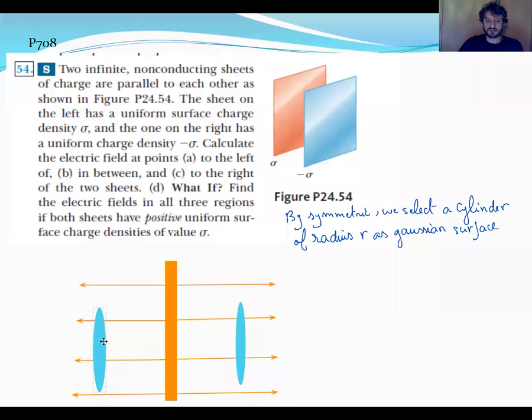We have the same section to the left and to the right, and we have the lateral side of the cylinder.